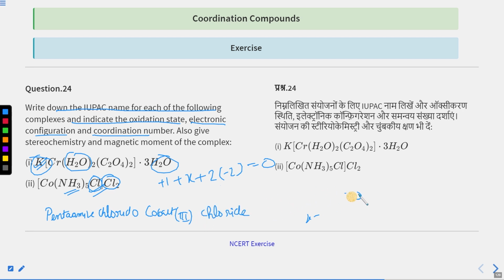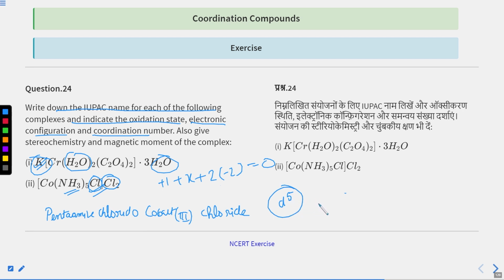What about the electronic configuration? Manganese, iron, cobalt. 8 electrons are there, 3 are gone. So we will remember d6. Now again, I have told you that cobalt is the exception.